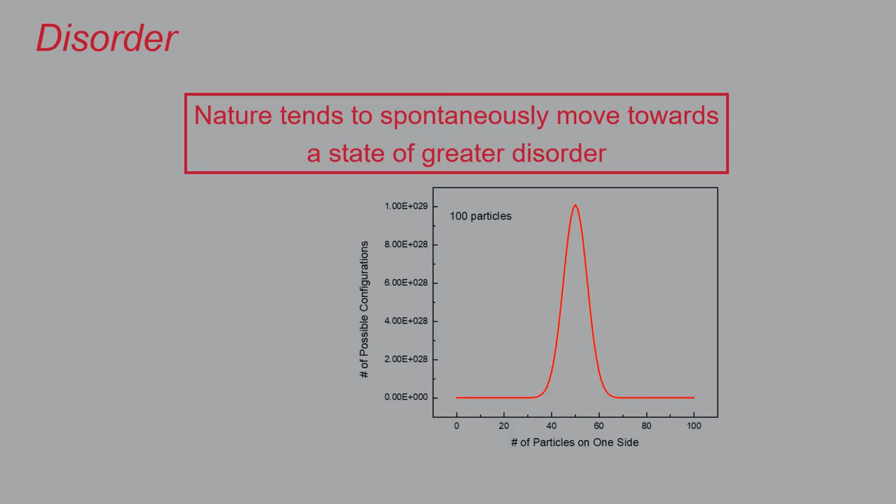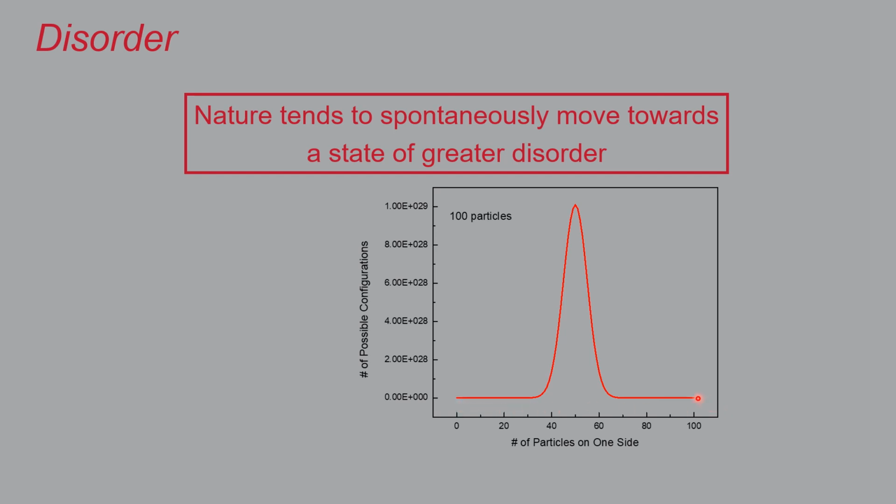So here's what it looked like, and even this is a ridiculously small sample size. It's 100 particles. And here, what I've got is the number of configurations, and the x-axis is how many particles are on one side. So this here at 0 would represent them all being on the right side.